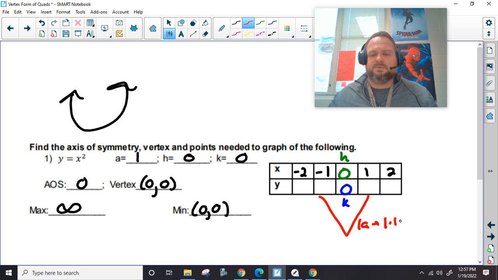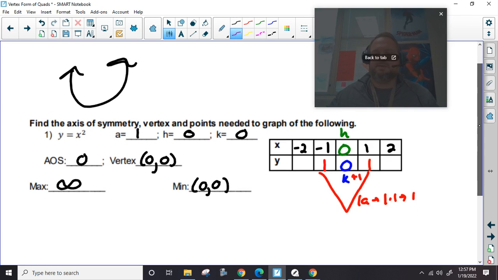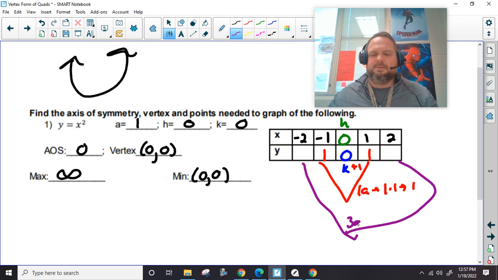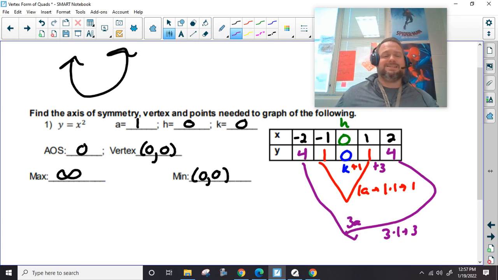So 1 times 1 is 1, so we add 1 to this value right here. 0 plus 1 is 1. This other one way out here on the end is 3A. That's 3 times 1, which is 3, and we add this to here. What's 1 plus 3? Well, it's 4. That's an easy way to do this.